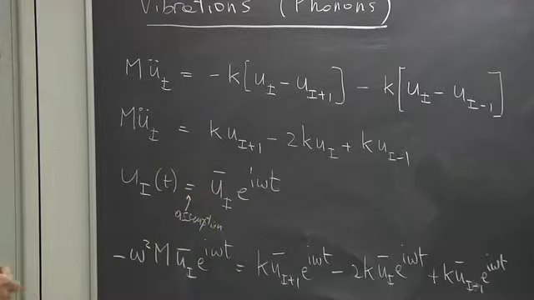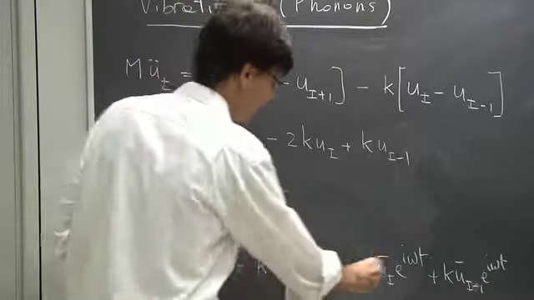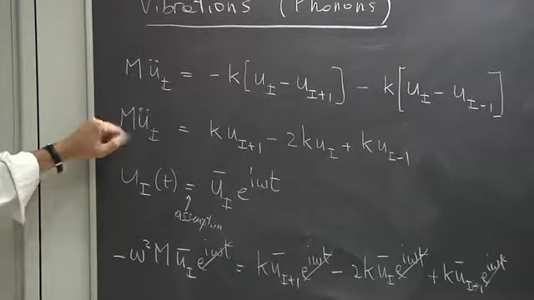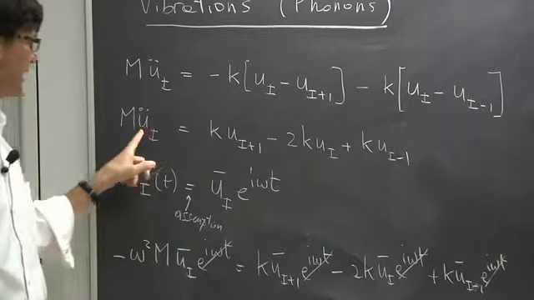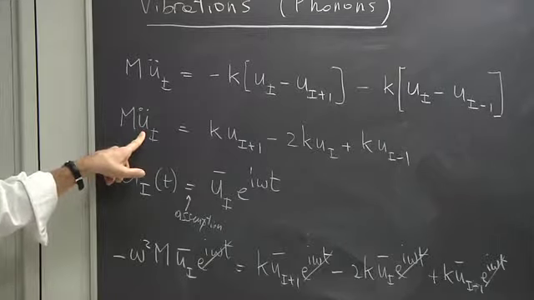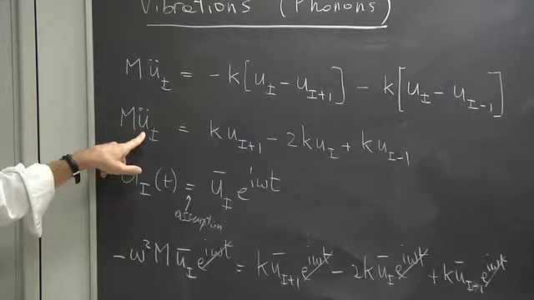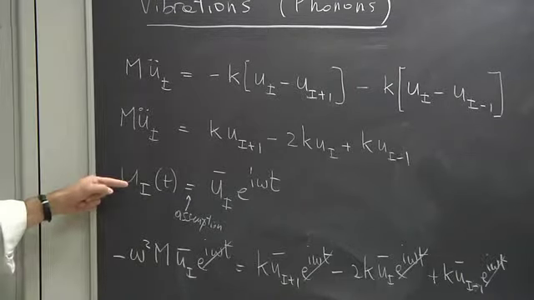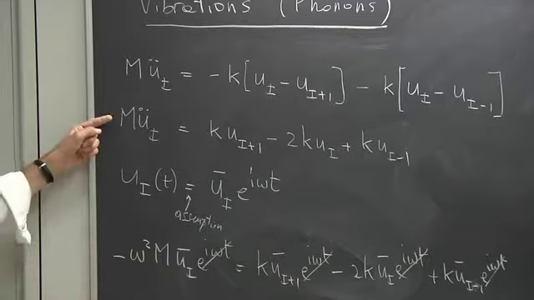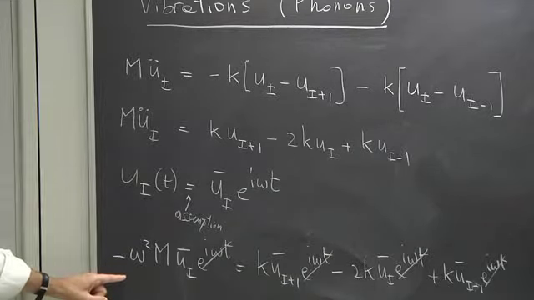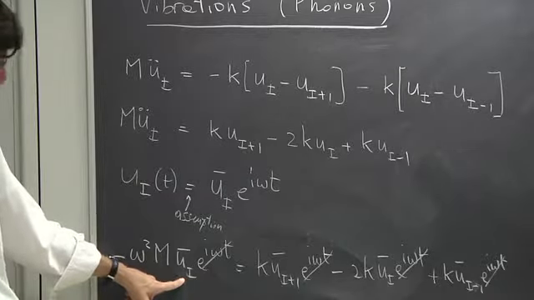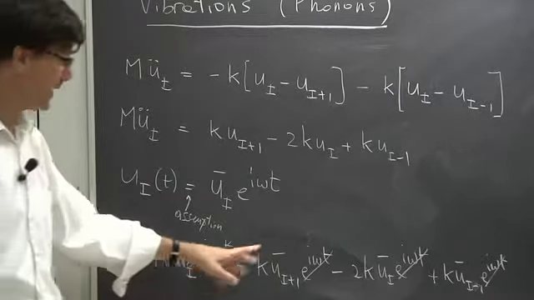Okay, so this is now our equation. Here this was an equation between functions, an infinite number of time-dependent functions. Linear equations, but an infinite set of equations between functions. With this transformation, I've transformed this into an infinite set of linear equations between numbers, ū and omega to be determined.